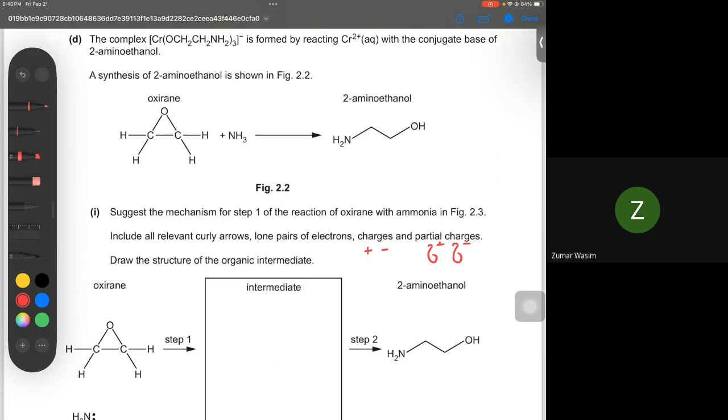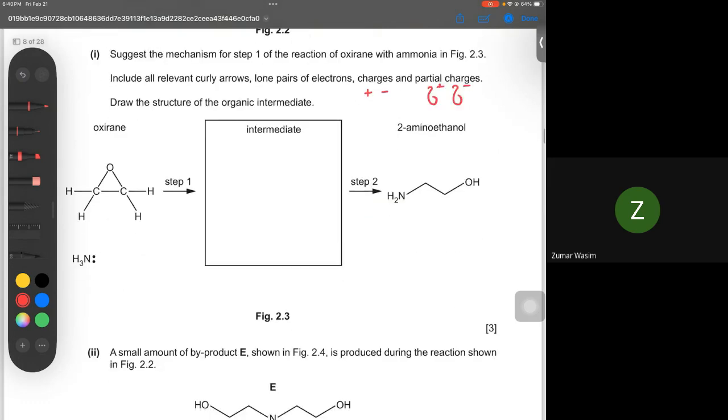Draw the structure of the intermediate. So it's going to react with this ammonia, in which you can see one lone pair of electrons on the nitrogen atom. Since this carbon has a partial positive charge and this oxygen has a partial negative charge, due to the presence of highly electronegative elements, it's going to attract electron pairs.